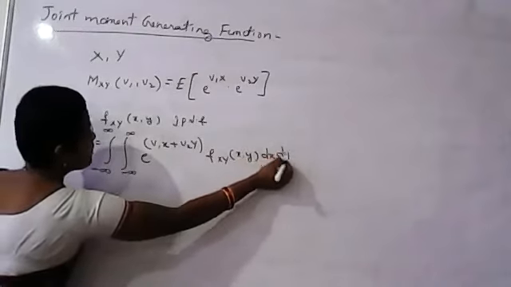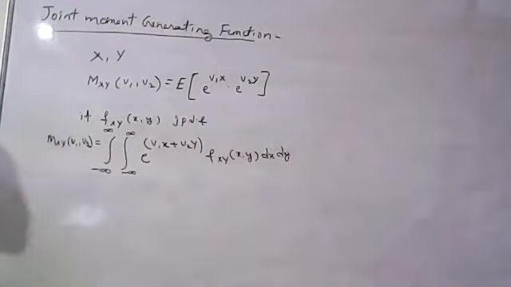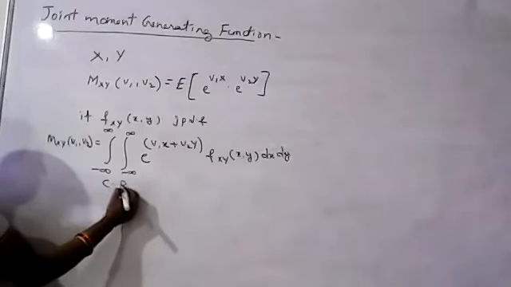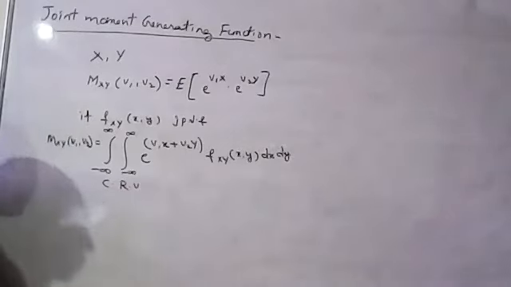This is the formula to find the joint moment generating function if the probability density function is given. This is the formula we use for continuous random variables.